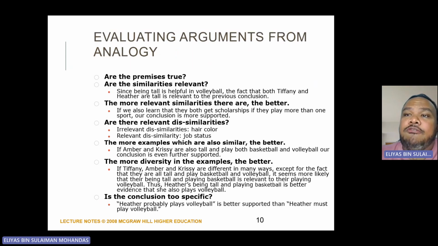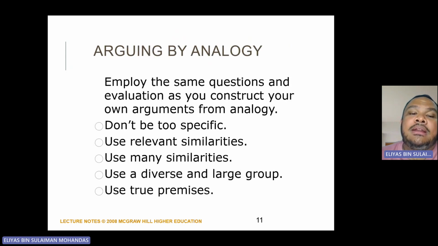And when we talk about evaluating arguments from analogy, these are the questions that you may want to have in mind. You can just go through these questions and see if it fits with your argument from analogy. Then you can see whether your argument is strong ataupun weak. Now, arguing by analogy ataupun from analogy, you employ the same questions as you are evaluating.